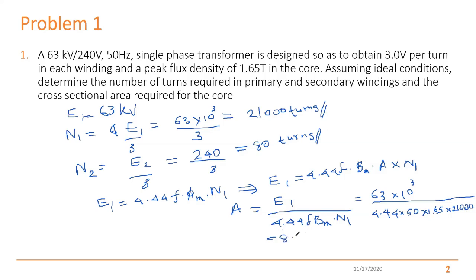Required is 8.19 into 10 to the power of minus 3 square meter. In other words, 181.9 square centimeter cross section is required.